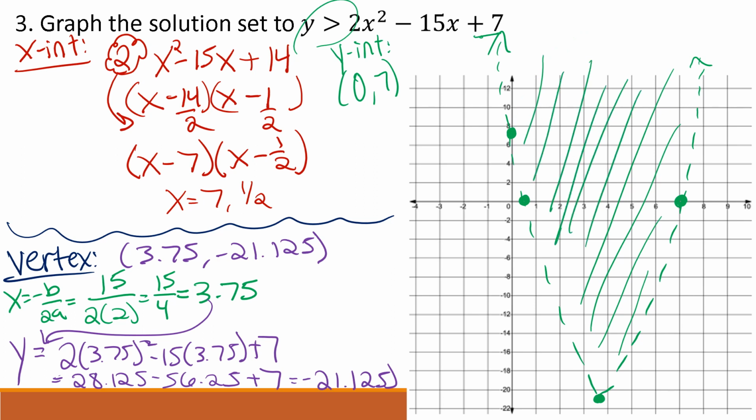Okay, so before I give you your assignment real quick, I just want to review this. You're going to see something like y is greater than x squared minus 25. How would I factor that? Yeah, it's the difference of squares, so we're subtracting a number that we can square root nicely.